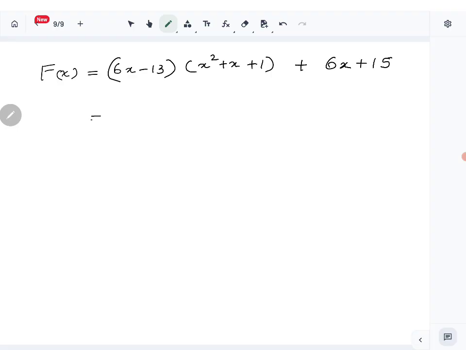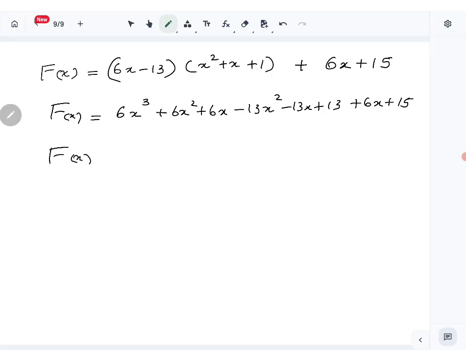So let me expand and simplify this. 6x cube, 6x squared plus 6x, minus 13x squared minus 13x minus 13, plus 6x plus 15.